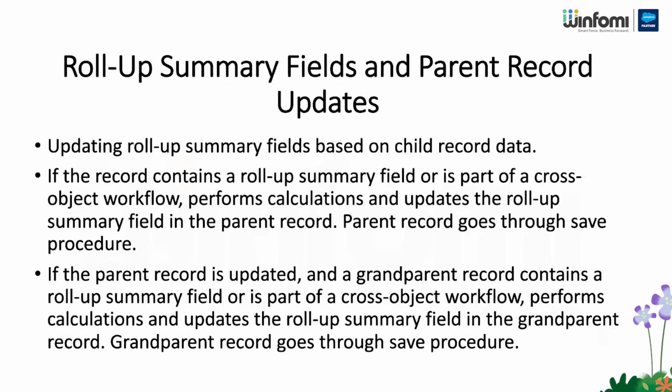And the next one is roll-up summary fields and parent record updates. If we have any roll-up summary fields, for example, the total amount field in opportunity, right? We add an opportunity line item, an opportunity product, and it will automatically calculate that line amount from the opportunity product and roll it up into the opportunity.